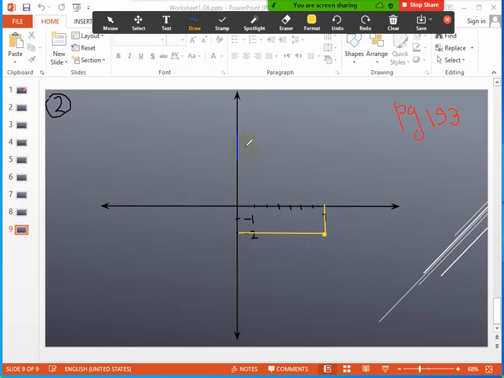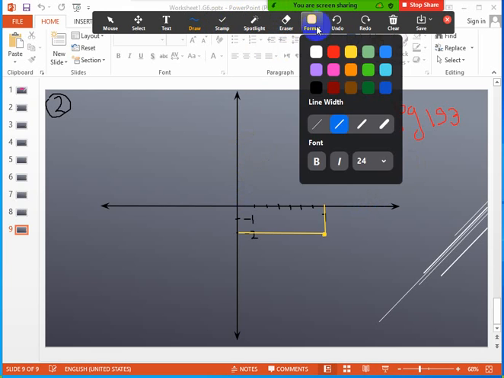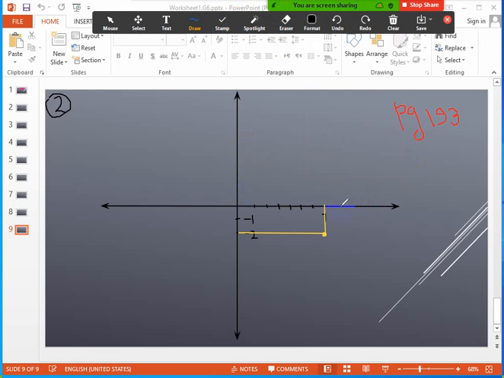Now, what about 11, negative 2 also? 11 on the x and negative 2 on the y. I have to count to 11. This is 7 here. 8, 9, 10, 11. This is 11.